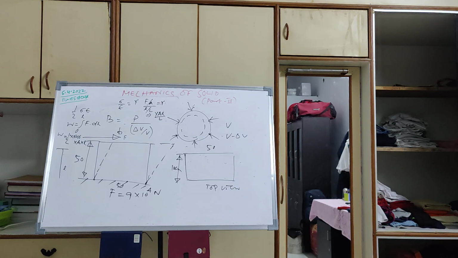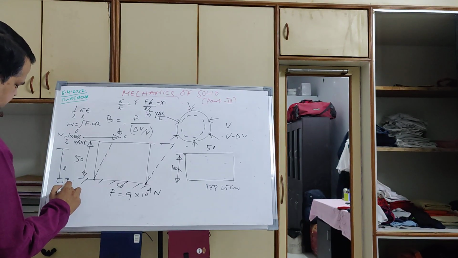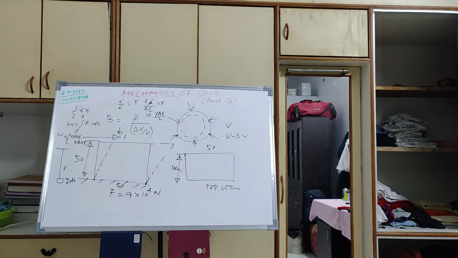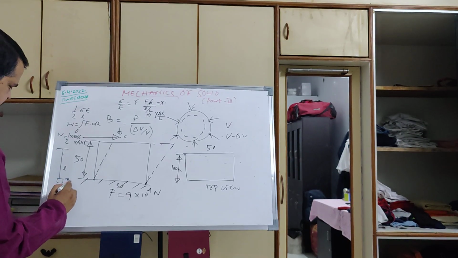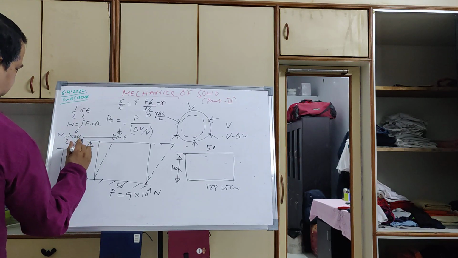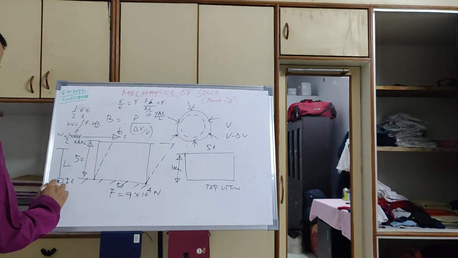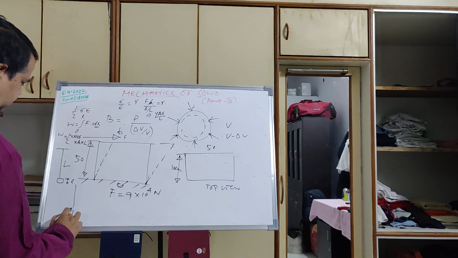Your length is L and you are putting some weight and trying to extend it by a length, let's say delta L. Actually, it is not small l, it is capital L. You are integrating dl from 0 to L. If this is the length, you are extending it by small l.